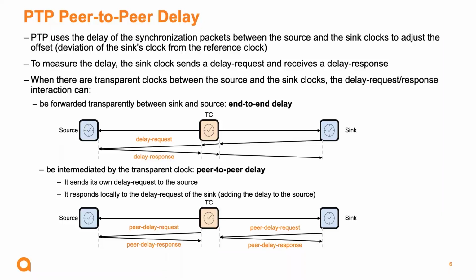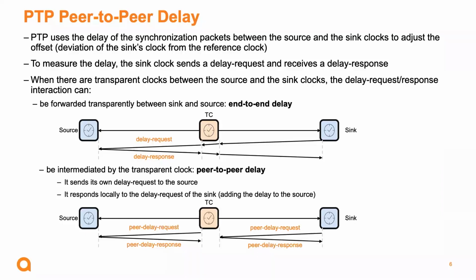And then it will use that data and also the delay within the transparent clock itself, that switch between the ingress and the egress, and it will add all of that, and it will use that to send the peer delay response to the actual request from the sink or the client.